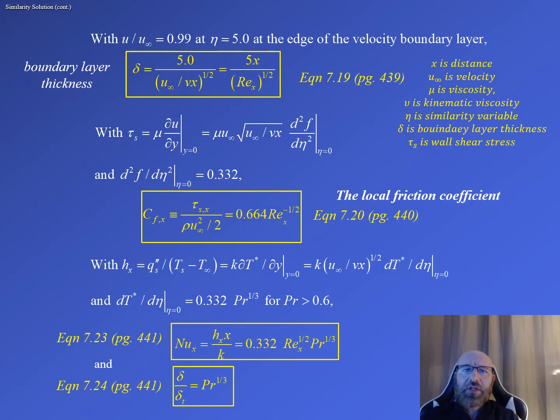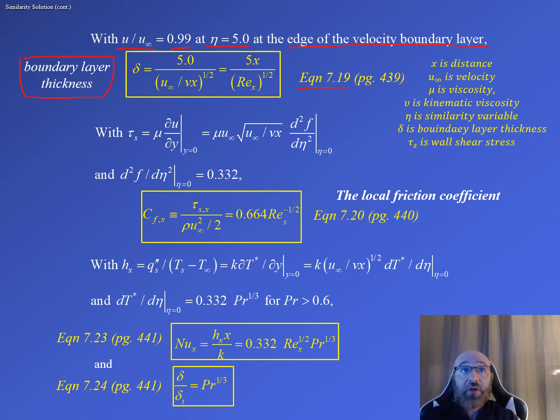Well, let's take a look now at the situation at the edge of our velocity boundary layer. We're going to have our dimensionless x component, u over u infinity, at 0.99, and our eta term at 5. With that, we can look at our equation 7.19 on page 439 of our textbook, the boundary layer thickness that we talked about in the previous slide.